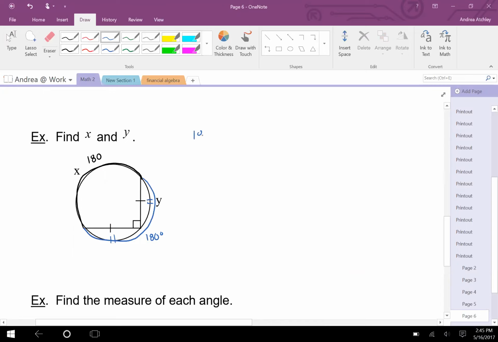So I take 180 and divide it by 2 to get 90. So y equals 90. Because if two chords are congruent, then their arcs are congruent. That was from 10-3. Just remind me of that.